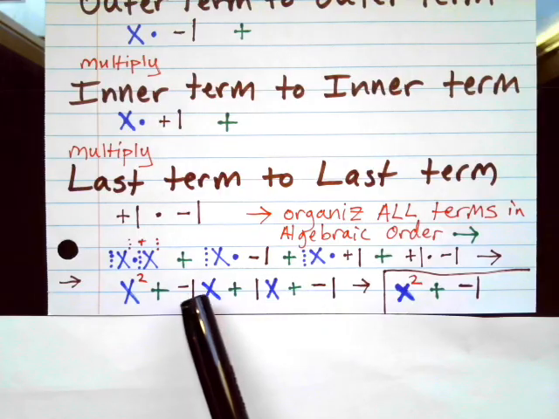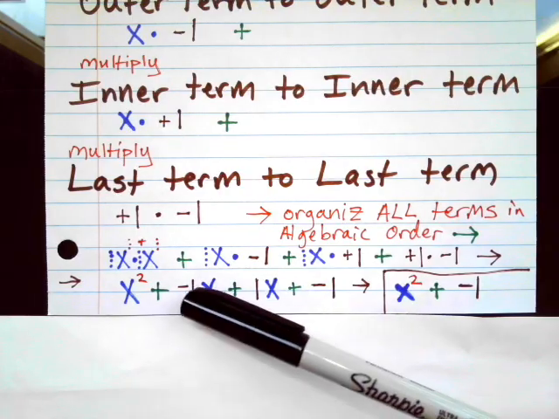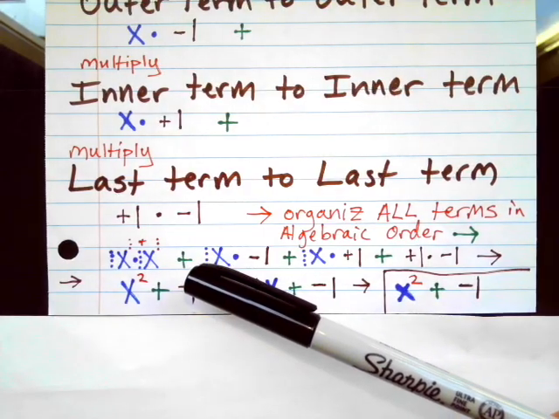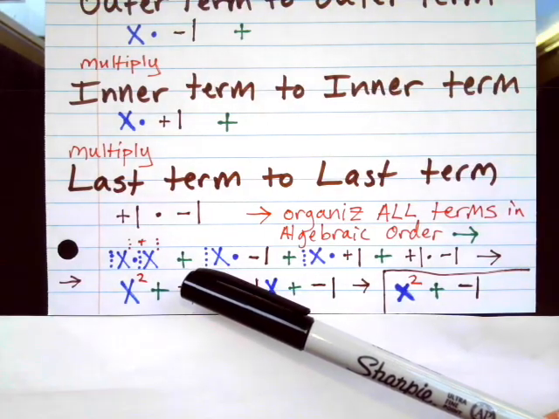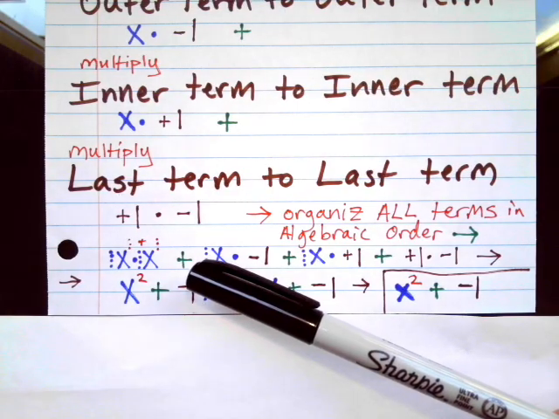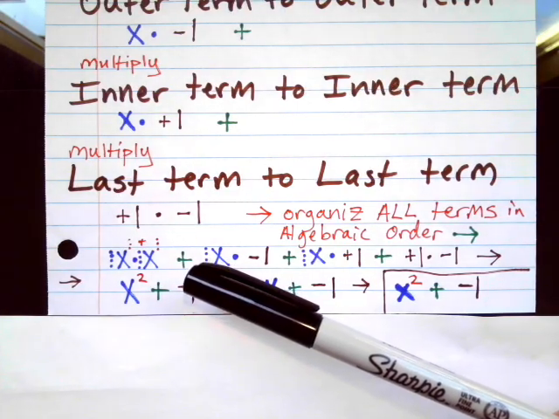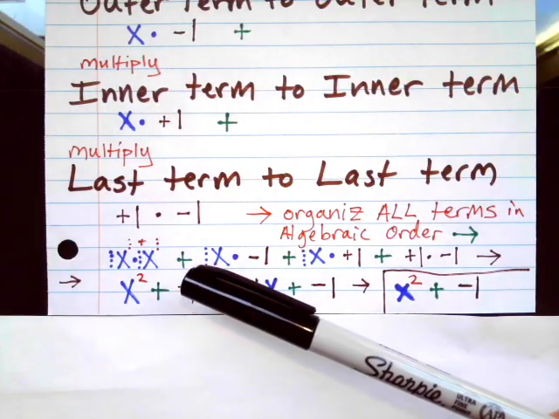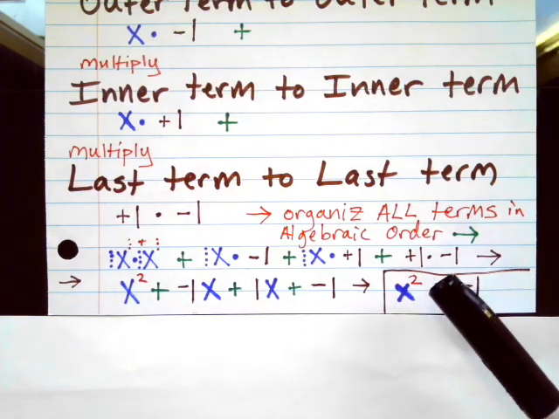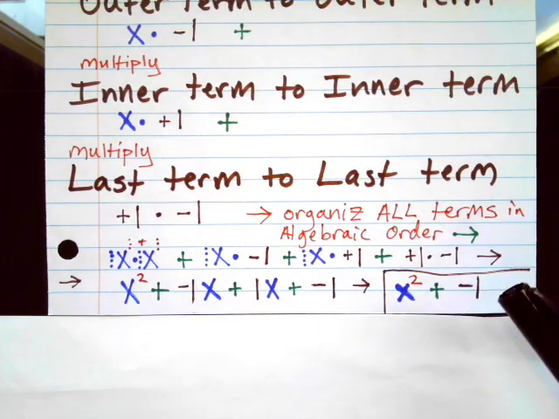Positive and negative cancel out to be 0. I'm left with x squared. Since there's no other x squareds, that term is all by itself. Plus a negative 1. Since there's no other constants, no other whole numbers around, I'm just going to rewrite that. Negative 1. My final answer, x squared plus a negative 1.